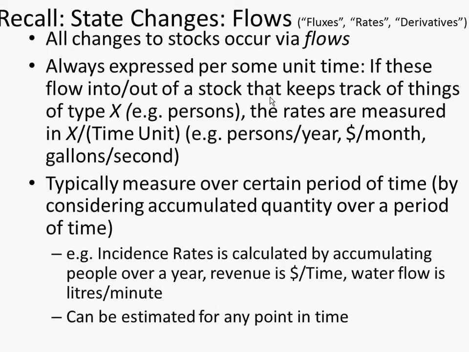And often we measure it by accumulating it over a short period of time and figuring out over what period of time did we accumulate that and how much do we get as a result. Just like I argued that, if you want to figure out how quick water is coming out of a well, you figure out how much water you get in 1 minute of pumping the well, how many liters of water you get, and you can figure out how many liters per minute you can get out of that well. Okay?